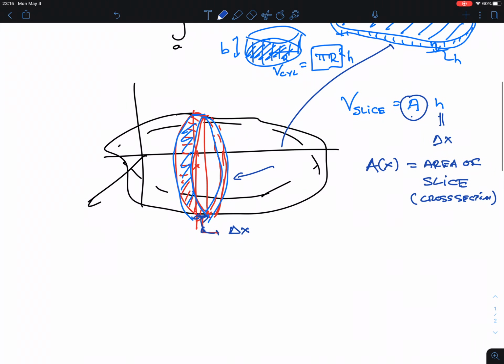So what we have now is the summation over all these x's on a certain interval of A of x delta x. Now that is the volume, but not really, because my blue was supposed to be straightened, whereas the red was somehow following the curvature of the object.